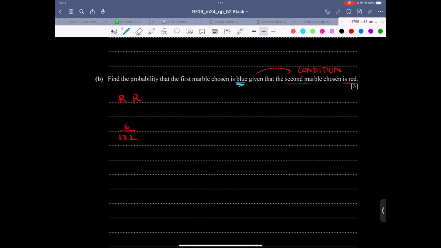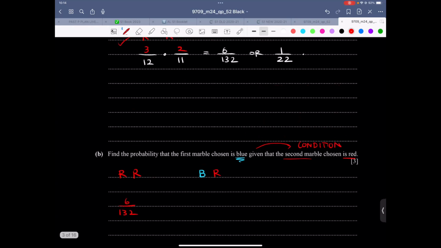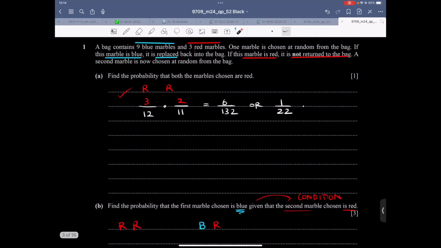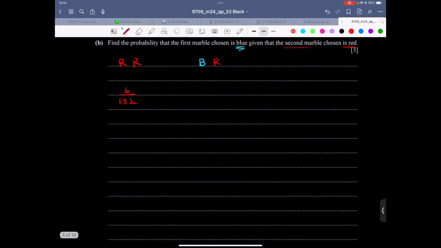What is the next option? The next option is the first one is blue, the second one has to be red. Now, what is the rule over here? If the first one is blue, it is replaced back. So blue are 9, red are 3, and the denominator over here remains as 12. So this is 12 and 12.